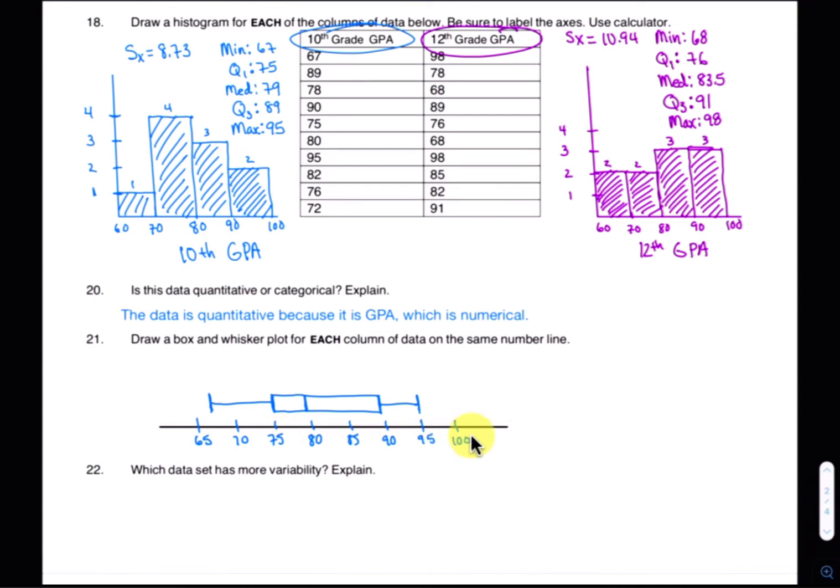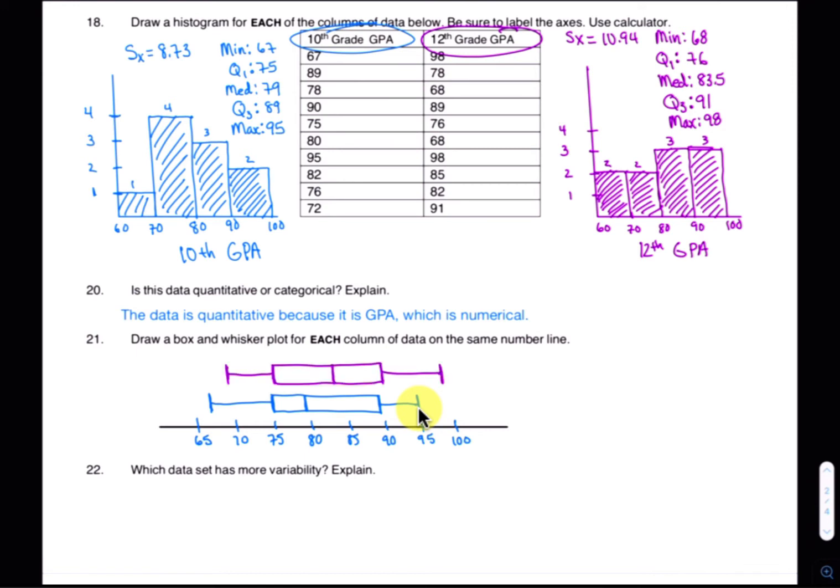So 65 to 100 was a good way to label the x-axis there. This first box and whisker plot is for the 10th grade. The minimum was 67, that's the first line. Quartile 1 is 75, that's where this line is. The median is 79, that's where this line is. Quartile 3 is 89, and that's where this bar is. And then the maximum is 95, and that's where this bar is.